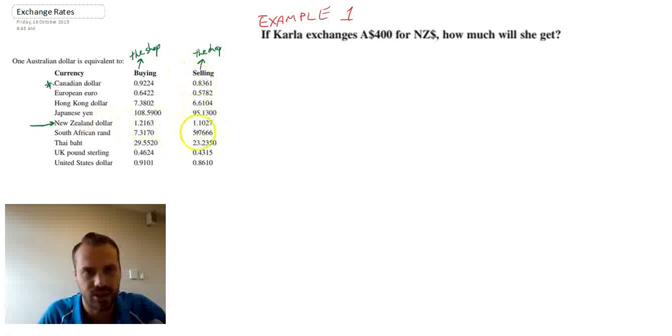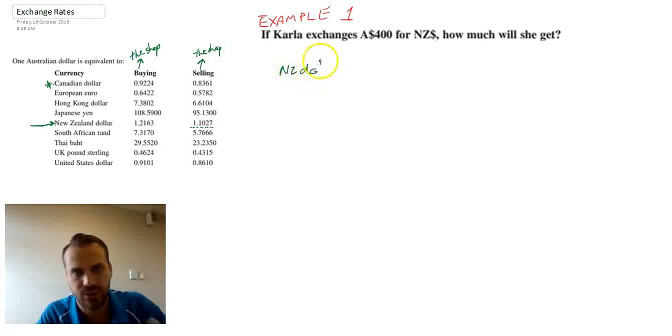So selling New Zealand dollars, here's the exchange rate: 1.1027. So when we do this calculation, New Zealand dollars are equal to the Australian dollars that we're selling, so 400 Australian dollars, times the exchange rate, in this case 1.1027.